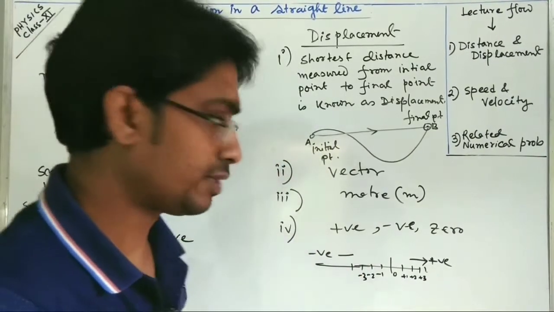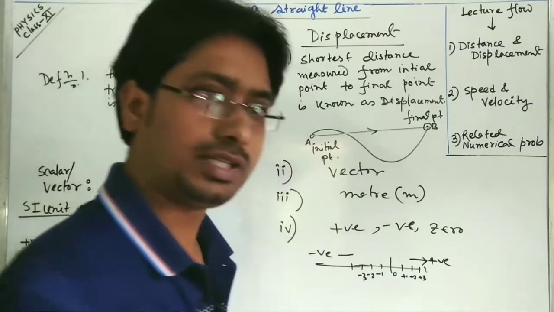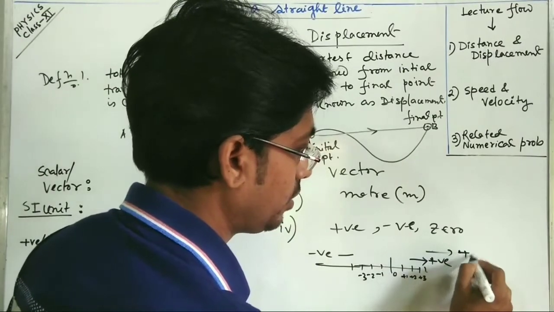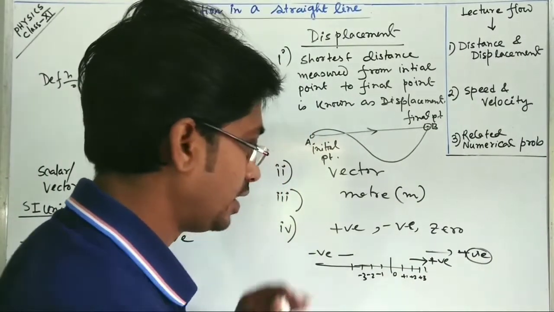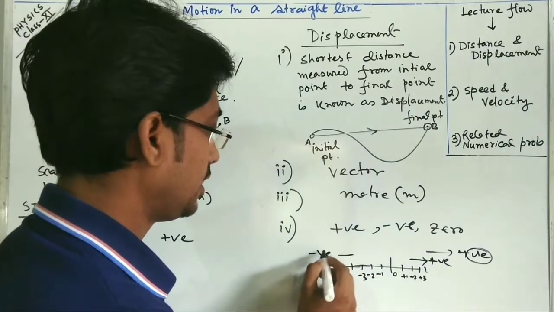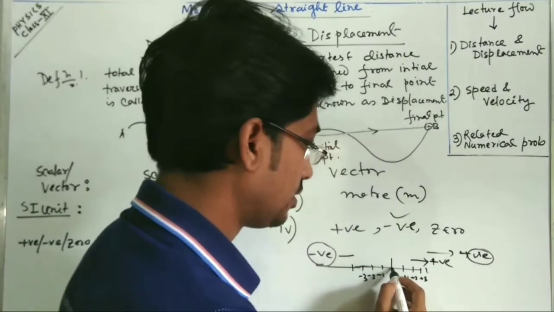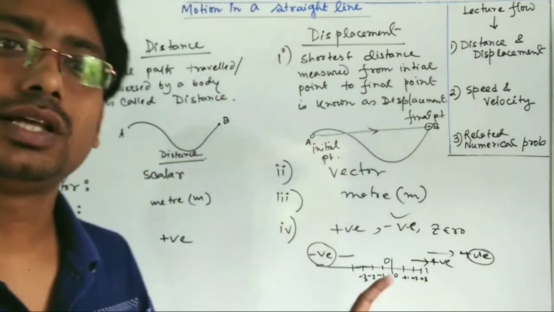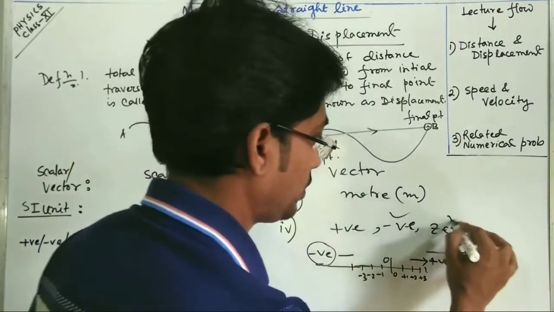If the displacement occurs in this direction, it will be taken as positive. If the displacement is in the opposite direction, it will be taken as negative. And if the body starts its journey from the origin O and finally comes back to position O, then the displacement will be 0.